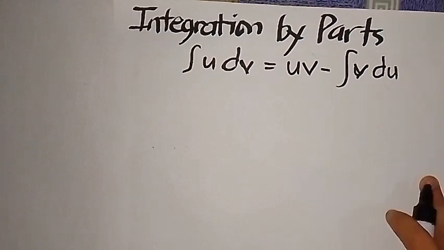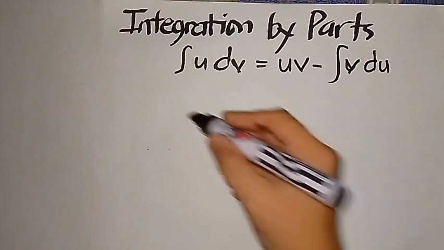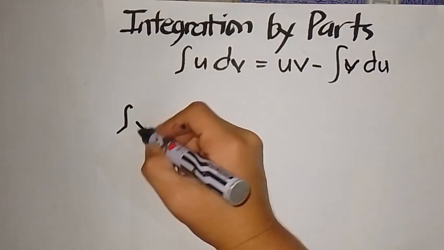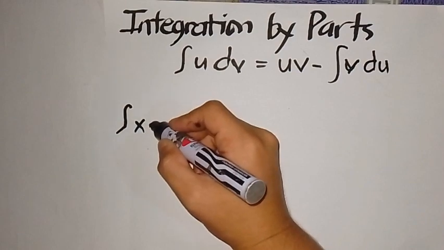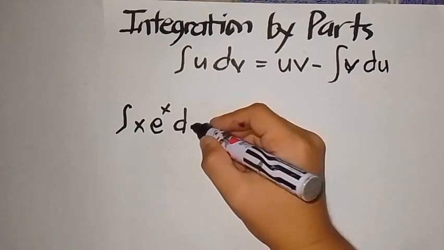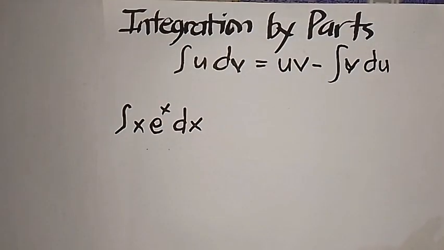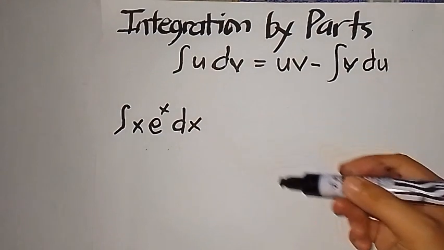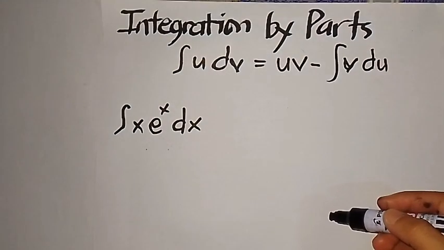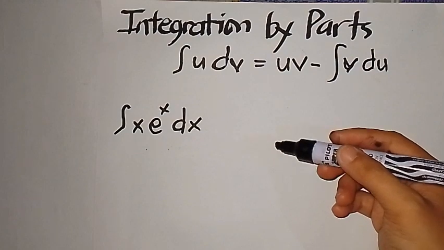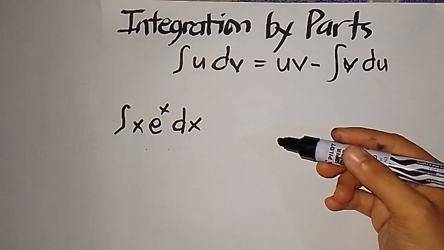So let's say we have this example. Let's say we evaluate the integral of x times e raised to x dx. In here, the first thing that we're going to do is to label the parts as u and dv, and du or v.